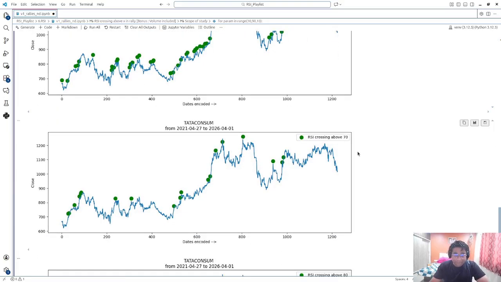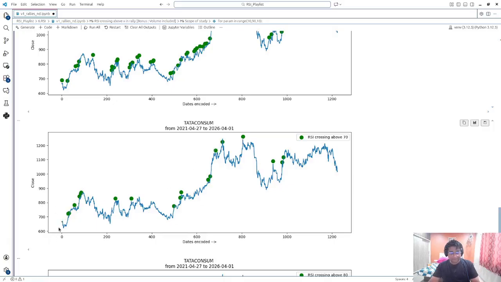70. Perfect. As you can see, we have got more conclusive back-tested results, where we can infer something concrete. When the RSI crosses above 70, it's either a bullish phase or a distribution phase, as you can see.